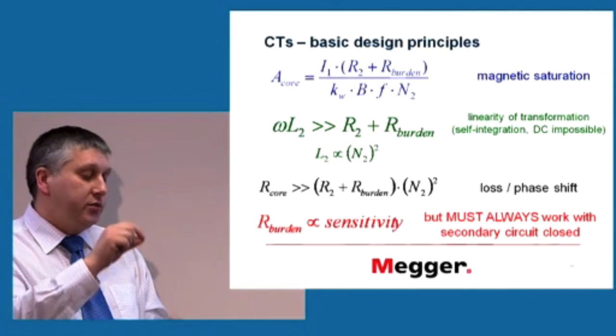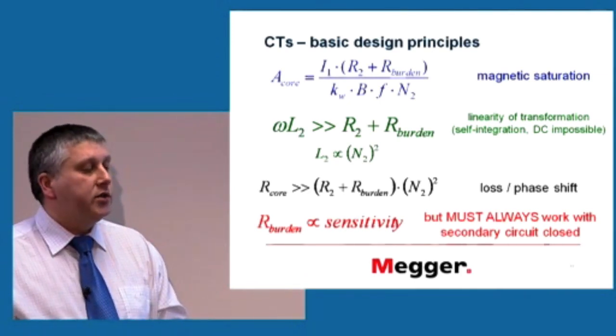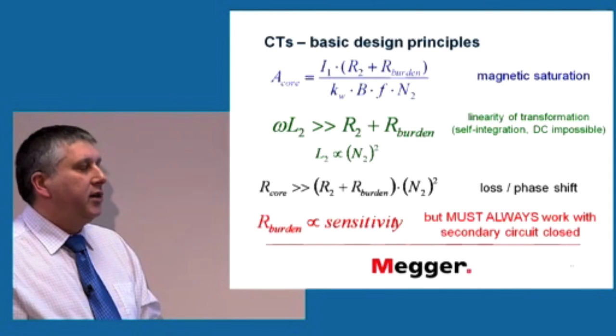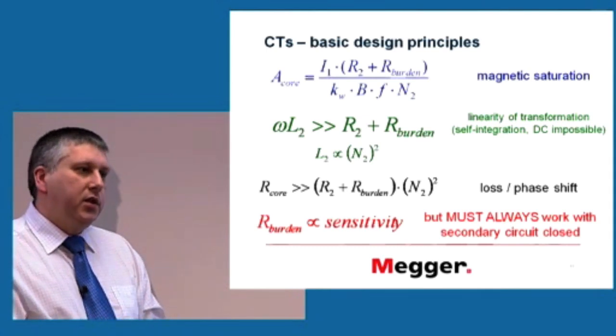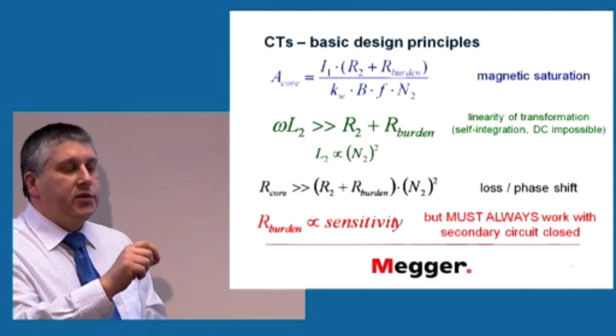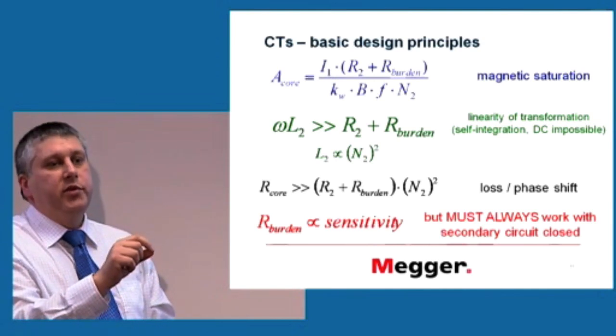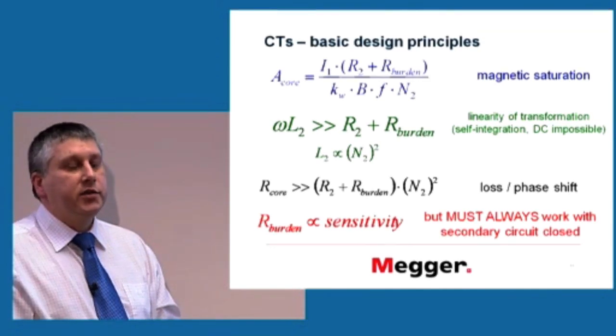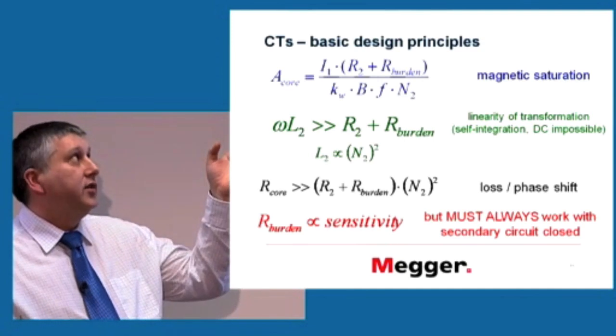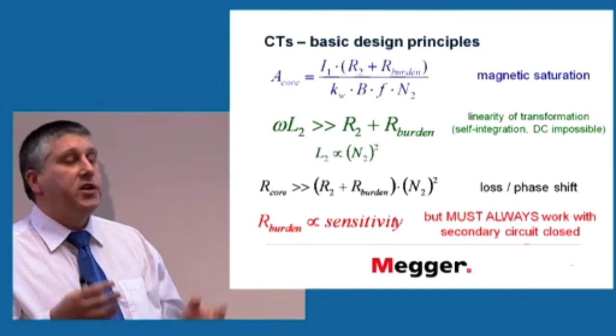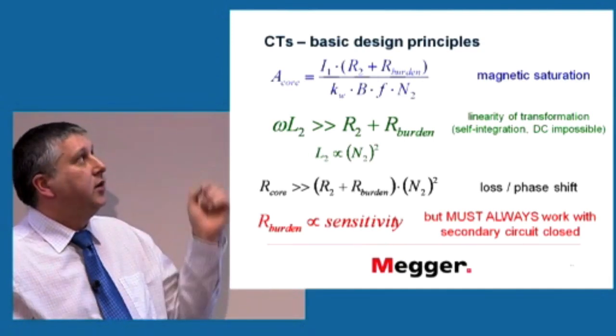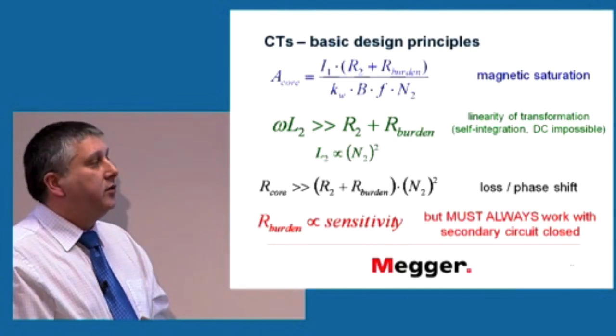The resistance of the burden, which is the resistance connected across the secondary coil, is directly proportional to sensitivity. The greater that resistor is, for the same current, the greater the voltage drop will be. So it's easier to measure small currents. But because it's involved in the first equation, we can see we cannot just change it infinitely, because that will mean changing the dimensions of the core.